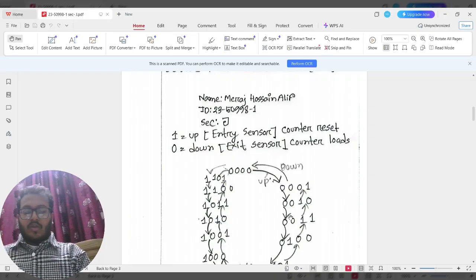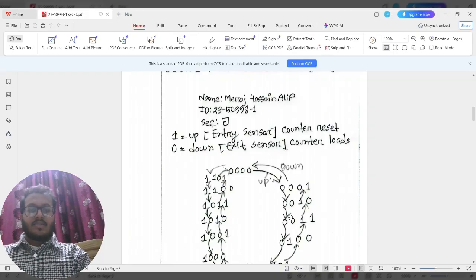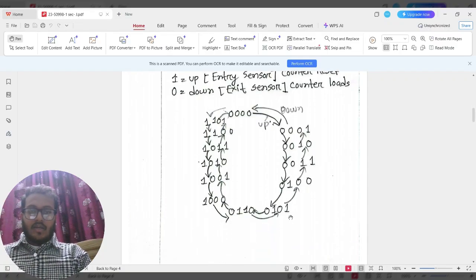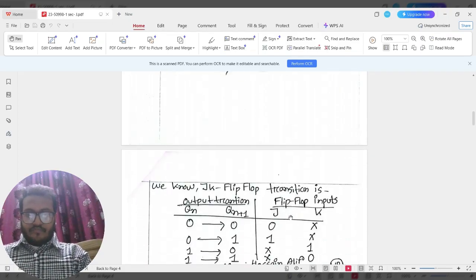We let 1 be the up entry sensor of the counter reset, and 0 be the down exit sensor of the counter load. The maximum car count is 13, whose binary number is 1101, and then it is replaced again by 0, whose binary number is 0001.